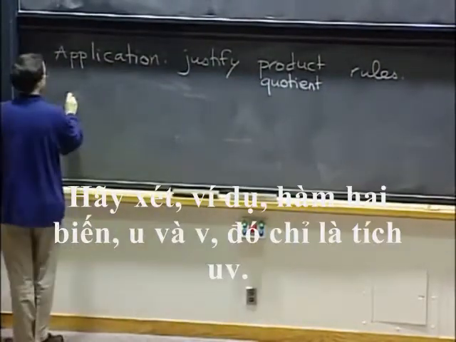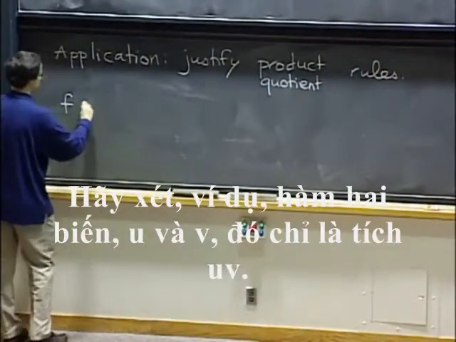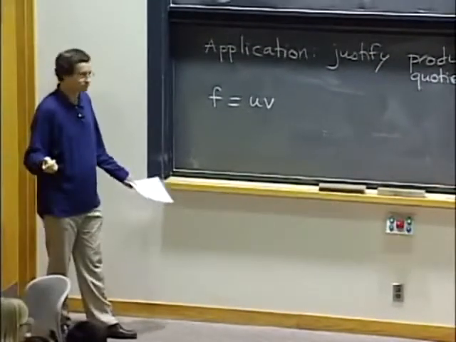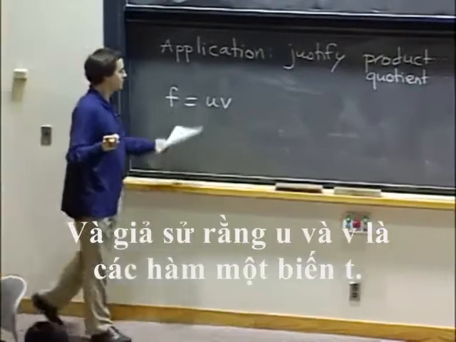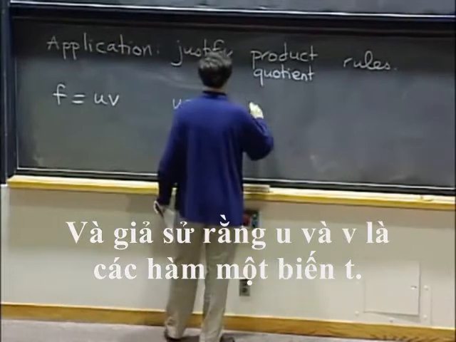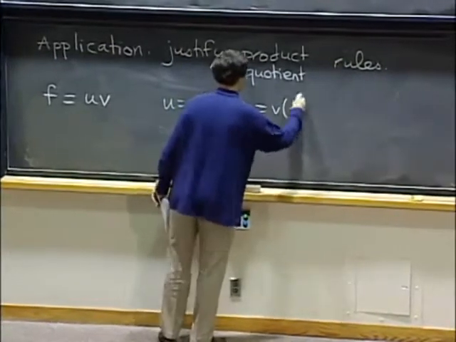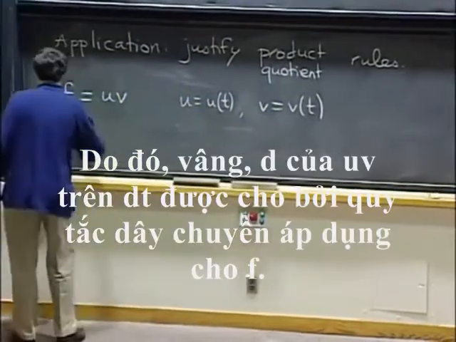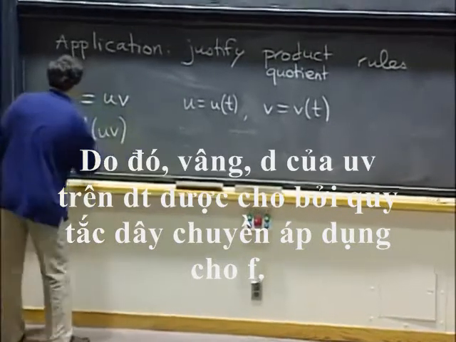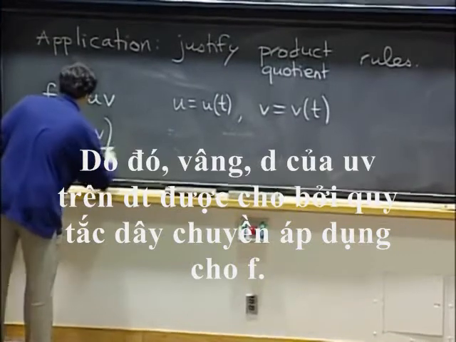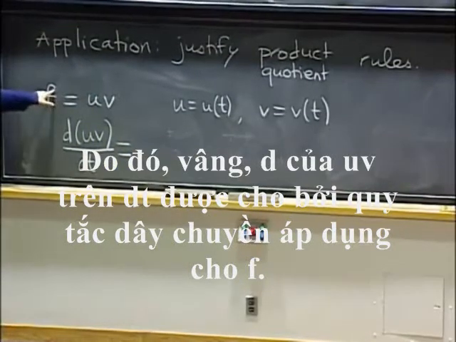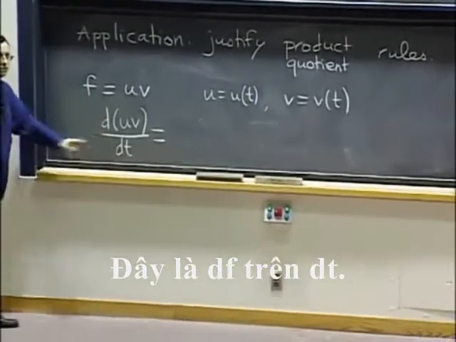So let's think, for example, of a function of two variables u and v that's just the product uv. Okay? And let's say that u and v are actually functions of one variable t. Then d of uv over dt is given by the chain rule applied to f. This is df dt.